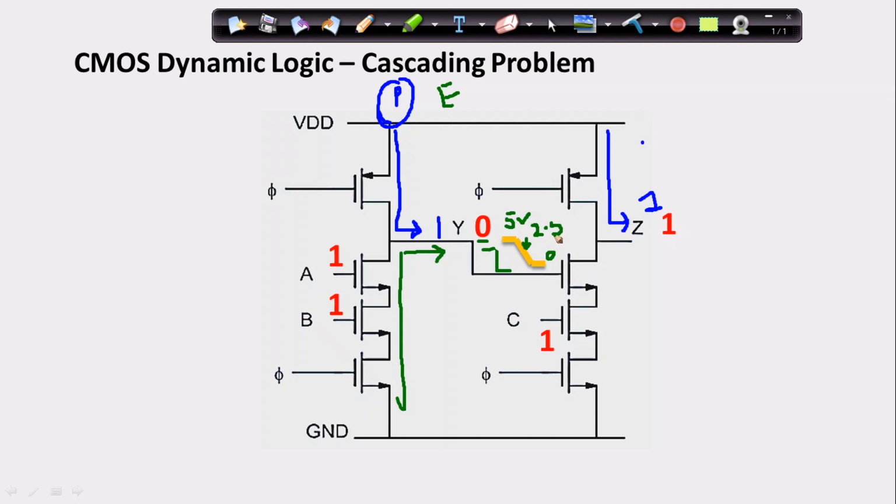So this 2.5 volt is still going to turn on this transistor. This transistor should be turned off when it is logic 0, so that I can get 1 over here. But since it is taking time to switch, I'm turning on this device, and it is going to be connected to ground.